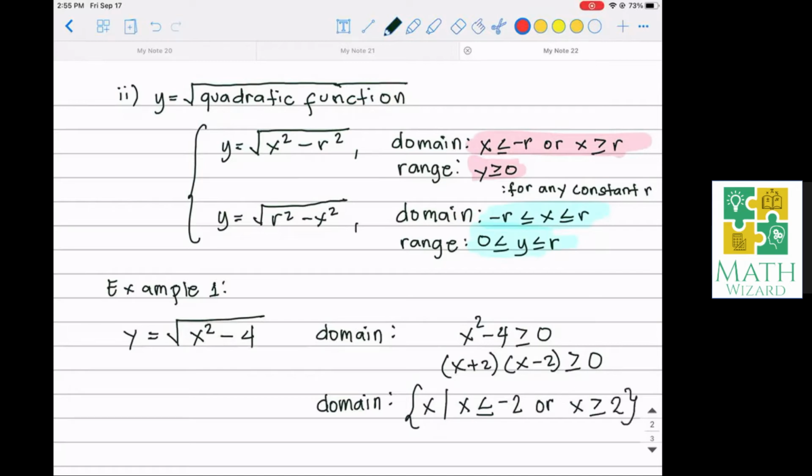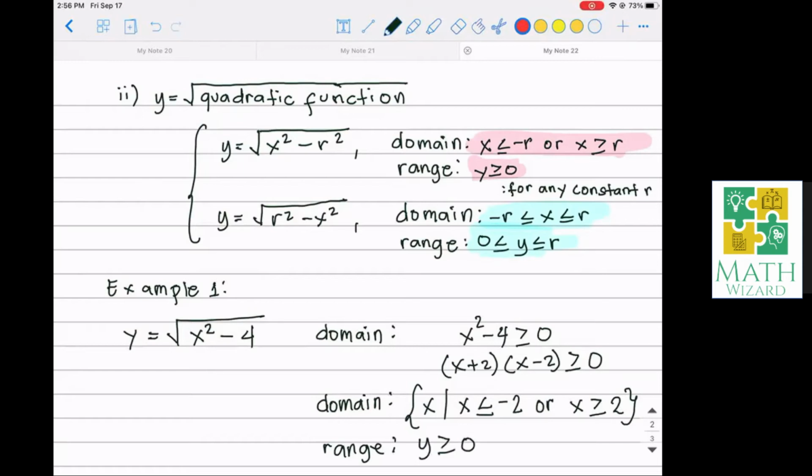So that would be our domain. And for the range, it says if it's in the format of y is equal to the square root of x squared minus r squared, the range would be y is greater than or equal to 0. So therefore, the value of our range is y is greater than or equal to 0.